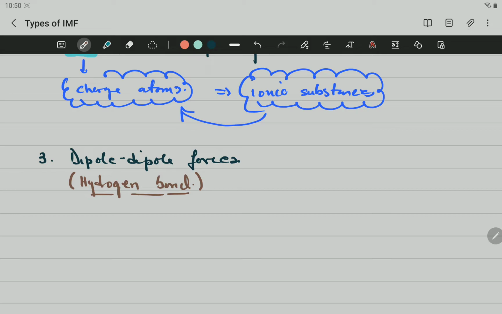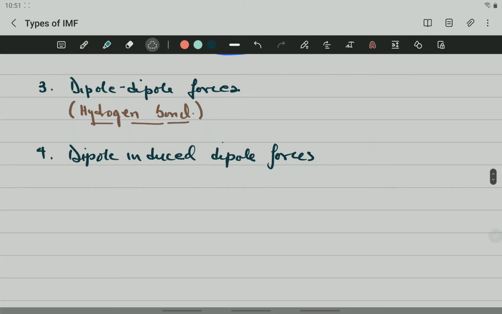The fourth one is going to be called dipole-induced dipole forces. That is the number 4. And the fifth one, the last one, is going to be called London forces or induced dipole forces.